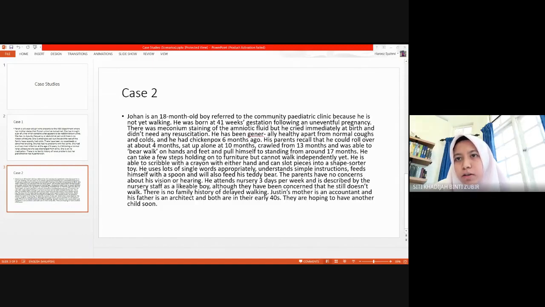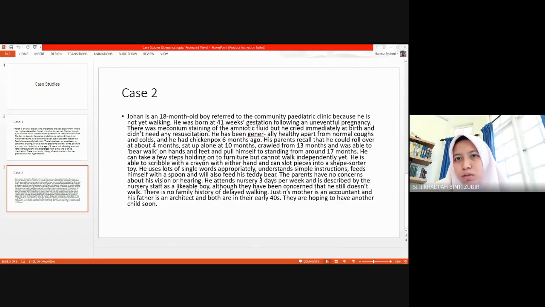His parents recalled that he could roll over at about 4 months, sit up alone at 10 months, crawl from 13 months, and was able to bear walk on hands and feet and pull himself to standing from around 17 months. He can take a few steps holding onto the furniture and cannot walk independently yet.